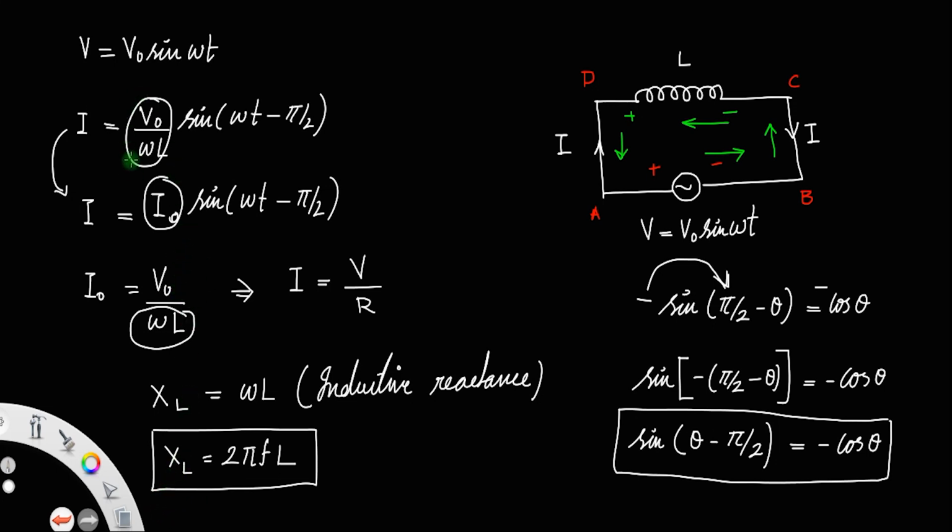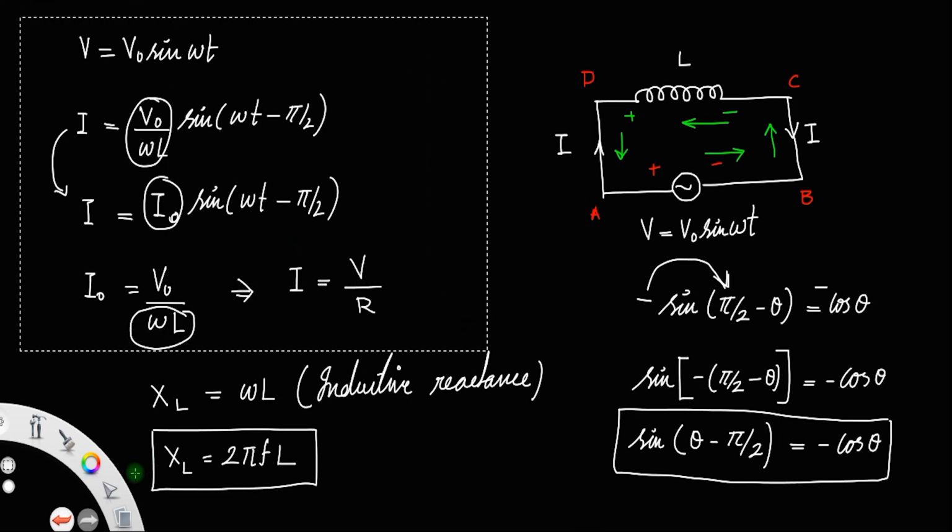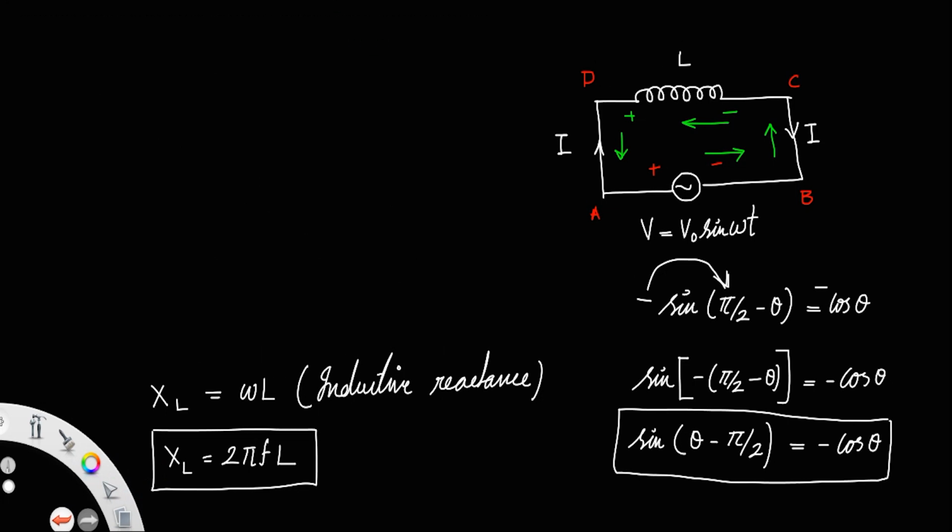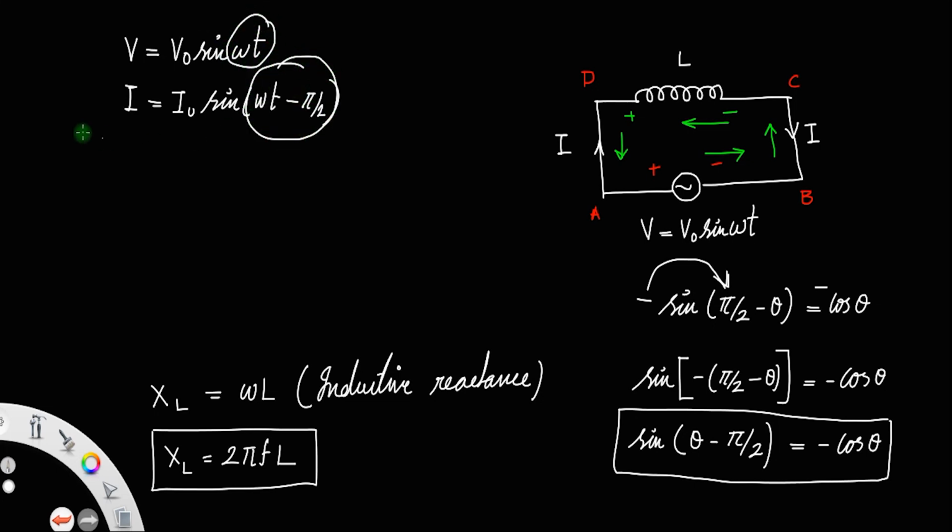So comparing again, let us write these equations. We have V equal to V0 sine omega t, and I equal to I0 sine of (omega t minus pi by 2). Coming back to the phase, here the phase is omega t, and here it is omega t minus pi by 2, which clearly indicates that current is behind the voltage.